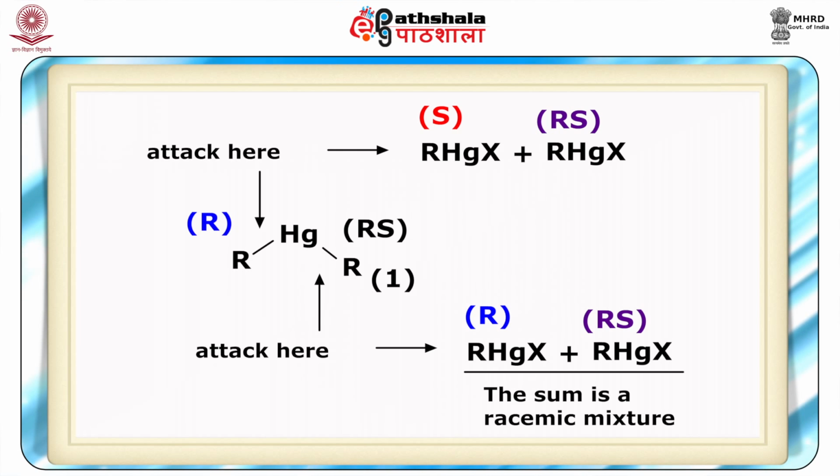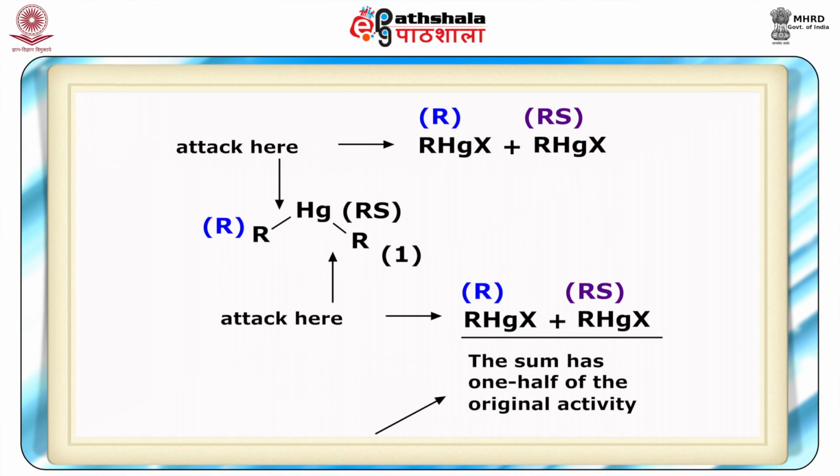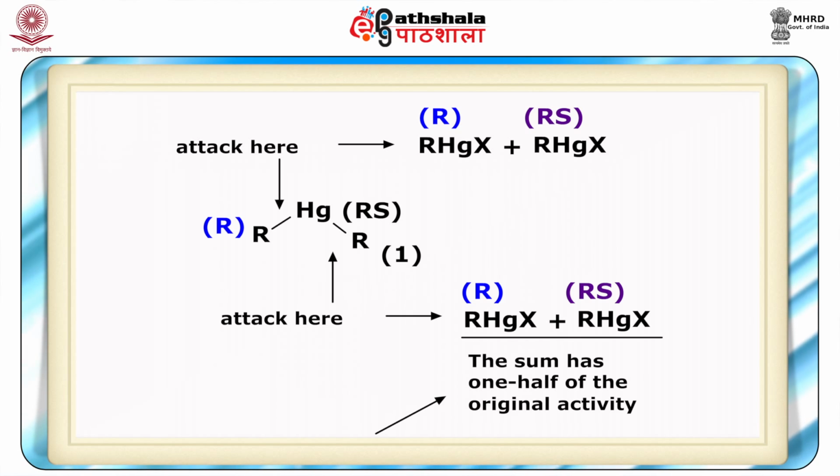If there is retention, then this is case B. In the first molecule, R-Hg-R, if the attack happens here, the R remains R because of retention and RS remains RS. So, we get a mixture of these two products, and alternatively if the attack happens here, then again the R remains R and RS is retained as RS, and the sum will have 1/2 of the original activity.